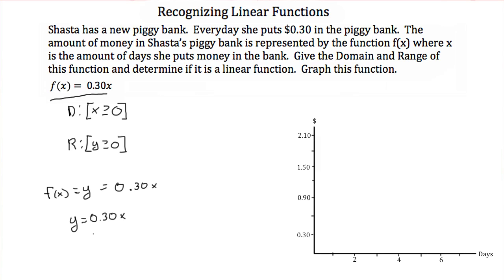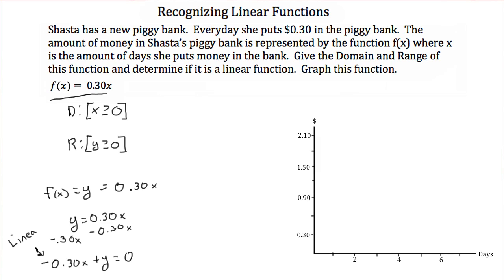So to do that, we need to put x and y on the same side of the equal sign. So I'm going to subtract 0.30x from both sides. And we end up with negative 0.30x plus y is equal to 0. So it does fit into the standard form, and this is a linear equation.